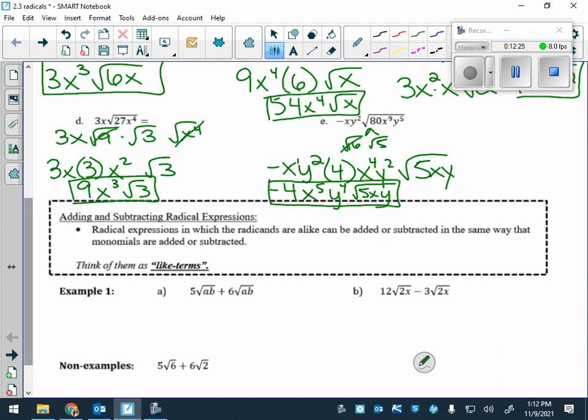This is x to the 4th. That's x to the 1st. And this is x to the 4th. We got x to the 4th because the square root of x to the 9, 2 goes into 9 4 times, and there's 1 left over. Okay, so there's 4 groups. Okay. Any questions? Okay.